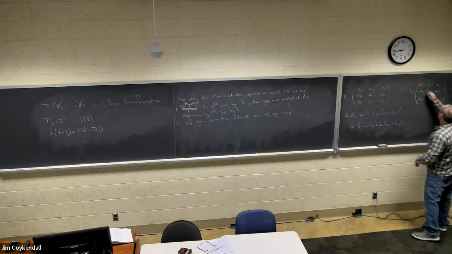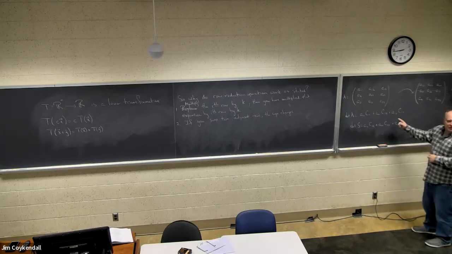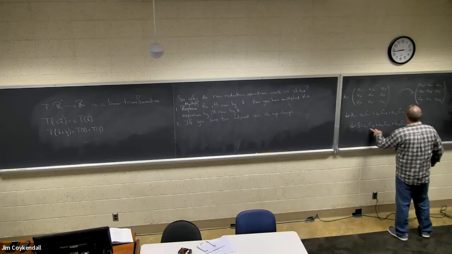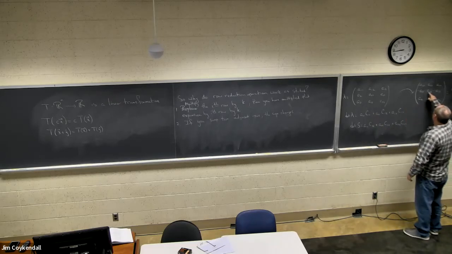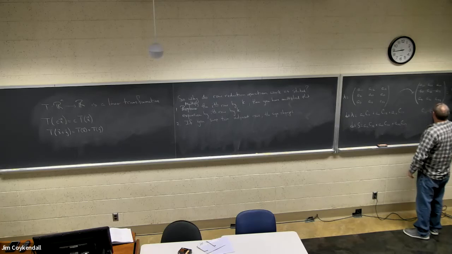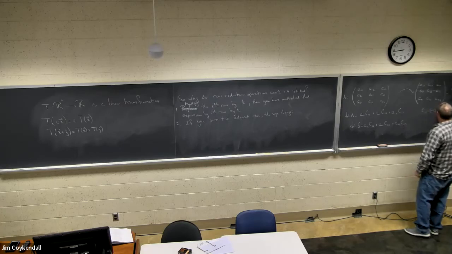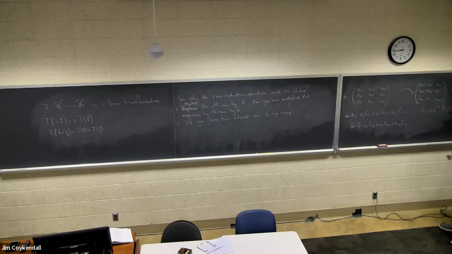Because all I've done is now you're removing the row in this column. So you get this, but the sign is different, because the sign down here is now negative. Remember how the cofactor is determined.